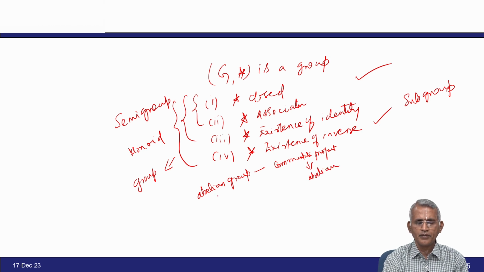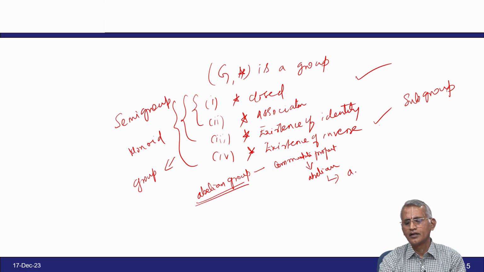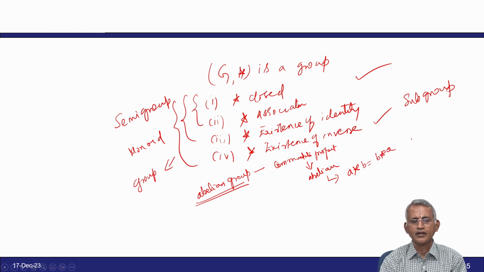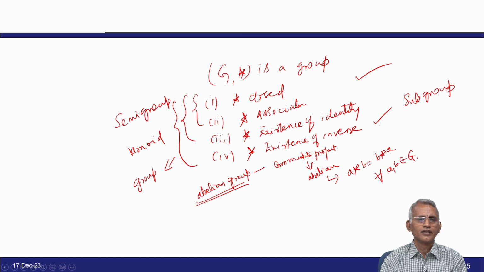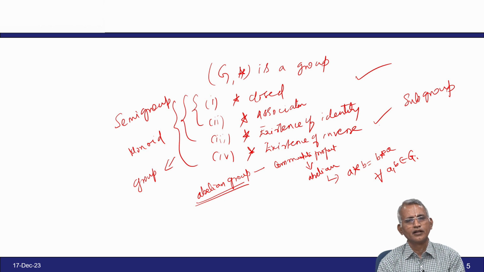So a group with the abelian property is said to be an abelian group, and abelian means A star B equals B star A for all A comma B in G. So G is a non-void set. If it satisfies that, then it is said to be an abelian group.